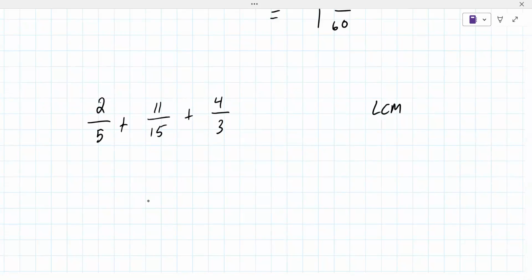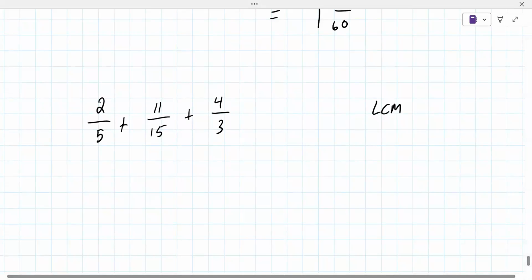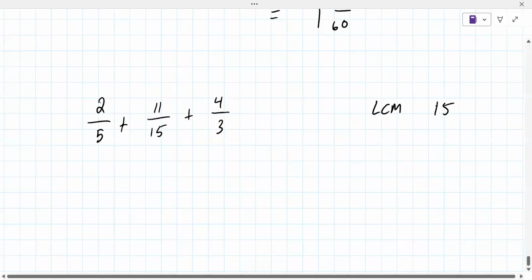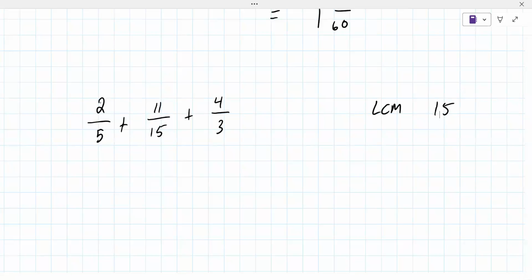And give me the LCM first. I don't want you to go much further in case there's an issue with that. Okay, I got 15. Yes, the LCM is 15. Good. All right, so go ahead and work it out from here, please.